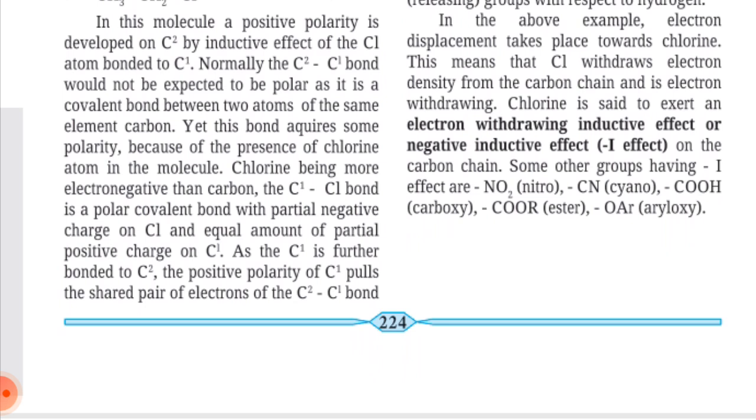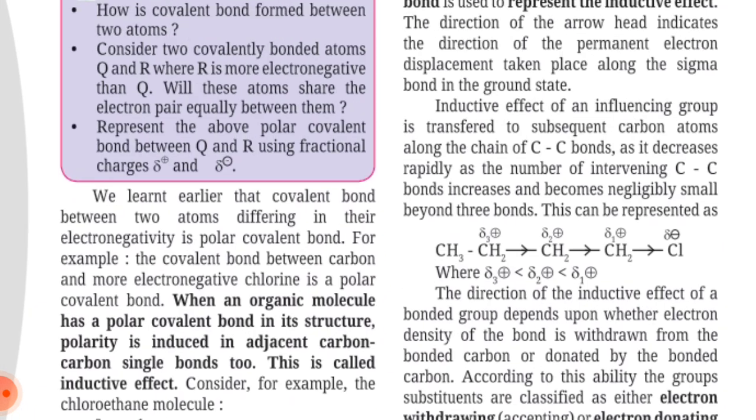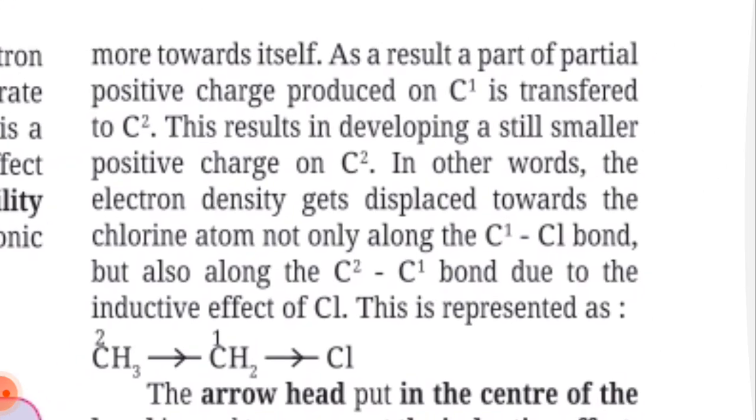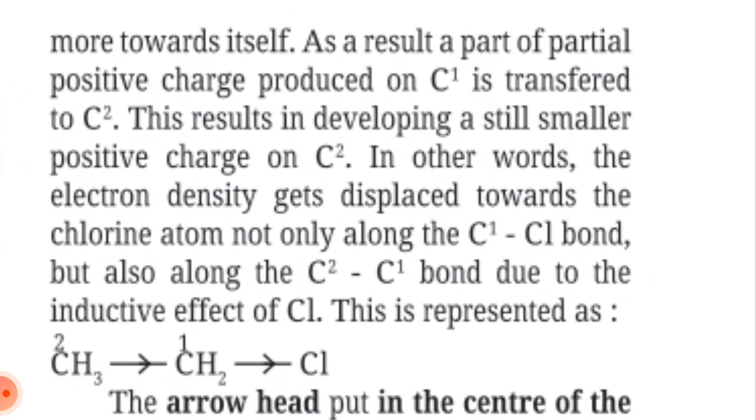As C1 is further bonded to C2, the positive polarity of C1 pulls the shared pair of electrons of the C2-C1 bond more towards itself. As a result, a part of the partial positive charge produced on C1 is transferred to C2. This results in developing a still smaller positive charge on C2.